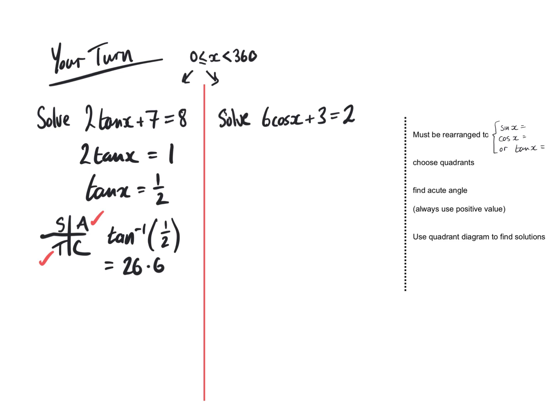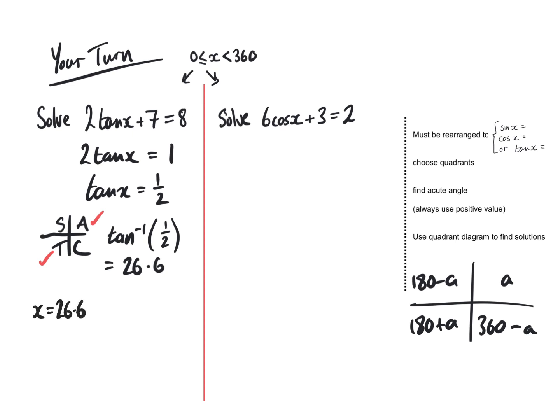And what we're going to do then is use our quadrant diagram. I'm just going to sketch this out at the side. Remember, our rules are acute angle, 180 minus acute, 180 plus acute, and 360 minus acute. So if I look at which quadrants I've got solutions in, I've got a solution here. So that's the first quadrant. So that's just the acute angle, 26.6. So x equals 26.6.